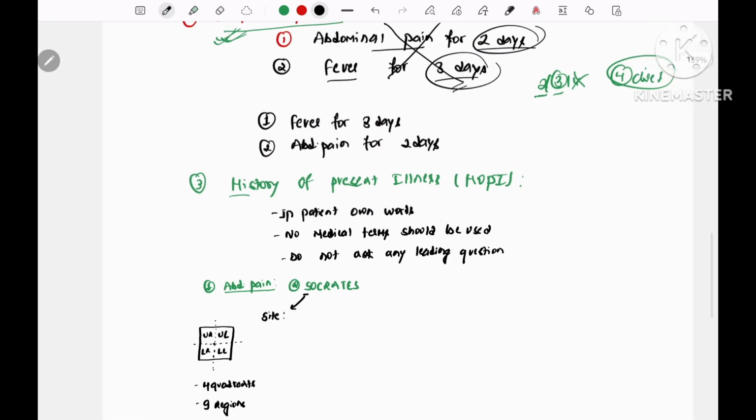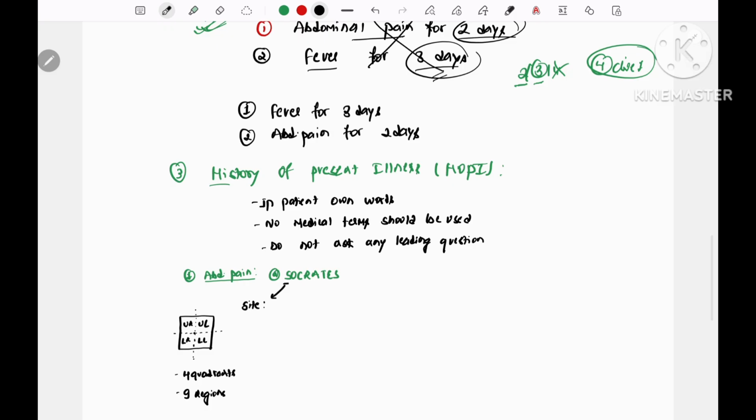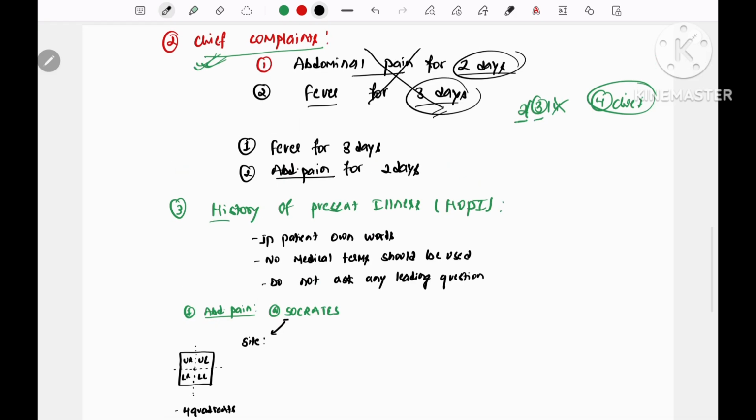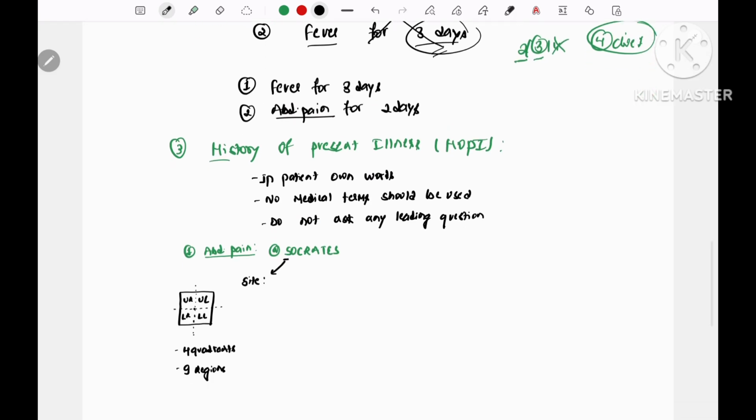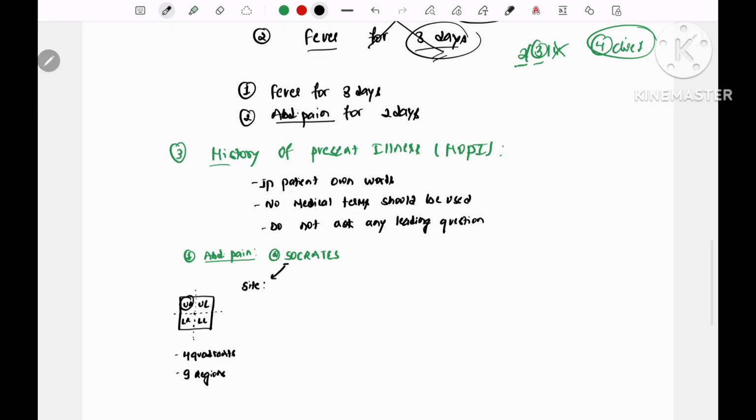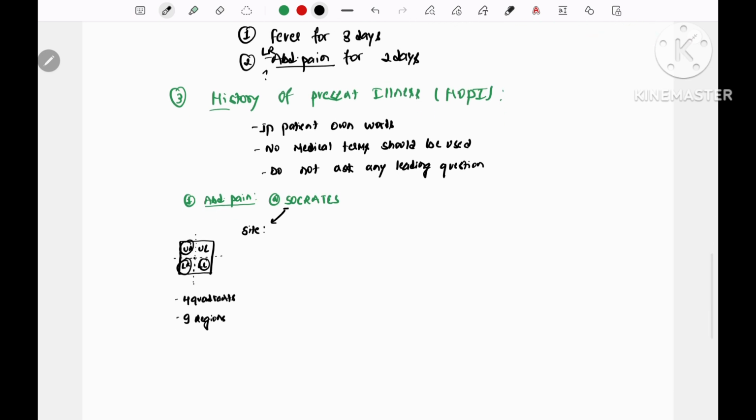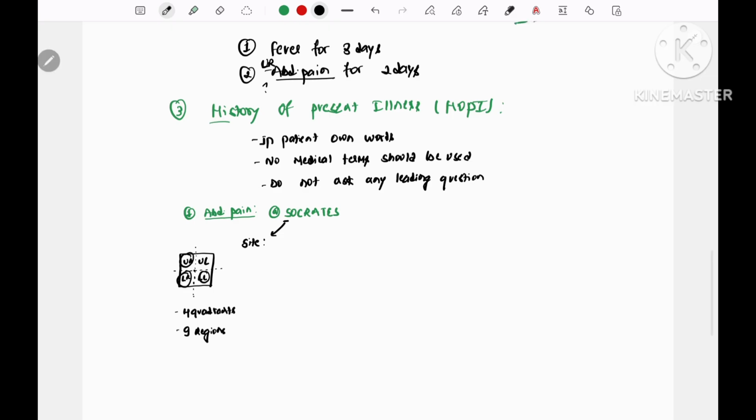While mentioning the chief complaint, do not write just abdominal pain. We have to say upper right abdominal pain or lower left abdominal pain, which side should also be mentioned. So here we write lower right abdominal pain for 2 days, or upper right abdominal pain for 2 days.